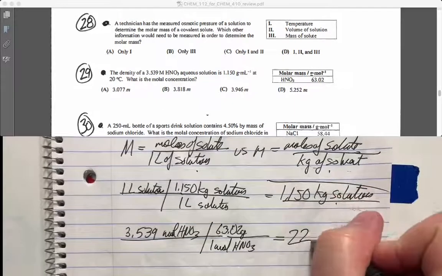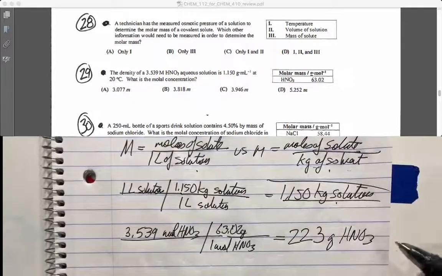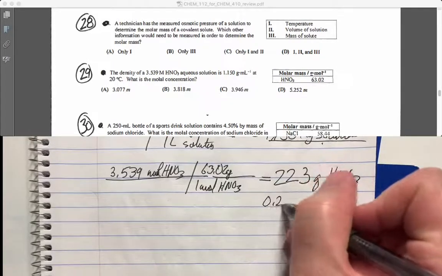Okay, 223 grams of HNO3. Let's go ahead and, since we got everything else, write this in kilograms.